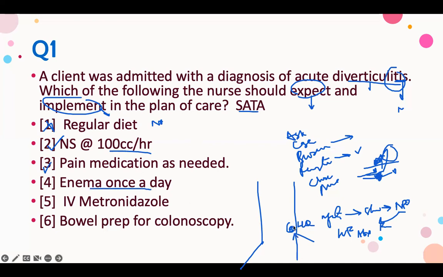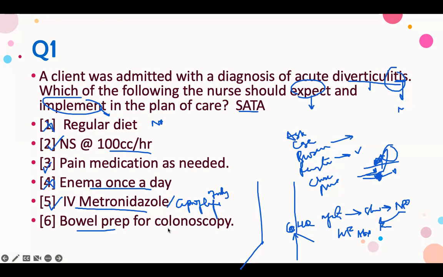Enema will increase intra-abdominal pressure, and that will cause more pressure and perforation. IV metronidazole. Metronidazole is an antibiotic, and that's the treatment of diverticulitis. You add another medication, ciprofloxacin, and they usually have 2 medications for 7 days. So this is good, antibiotic.